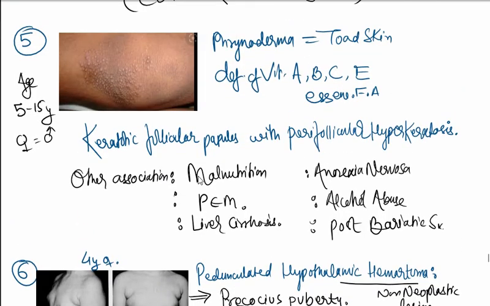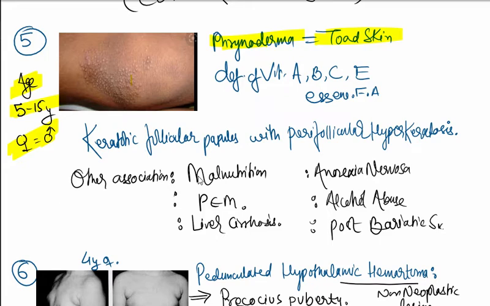Okay, next this image is phrynoderma. This is taut skin on the extensor surface of the elbow and on the knee. So the age is 5 to 15 years, and male and female are both the same in this condition.